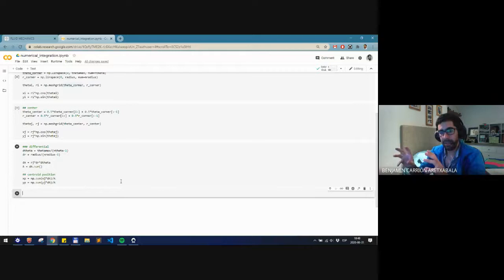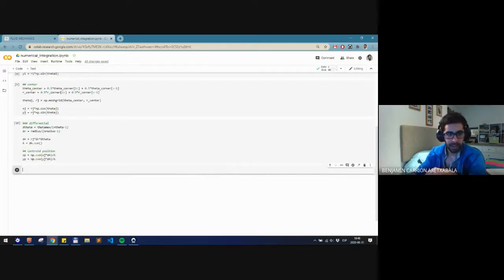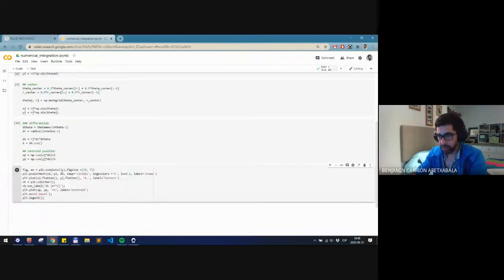But if you're looking at pressures, then you know that the force on a small area is going to be equal to the pressure at the center times the area. Okay, so let me just copy the code to show you this, because I know this can be a bit abstract.